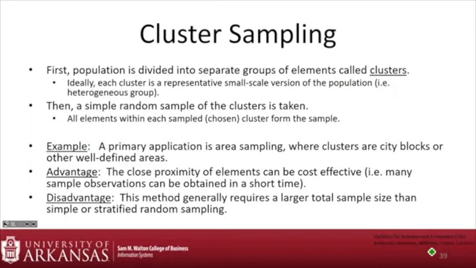Therefore, those areas should be represented, or those stores should be representative, and then randomly select from within those areas. Right? So instead of randomly selecting the whole big population, you can randomly select an area, and then randomly select from within that area.